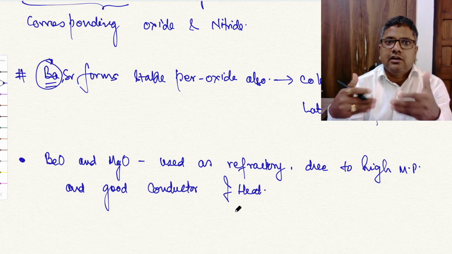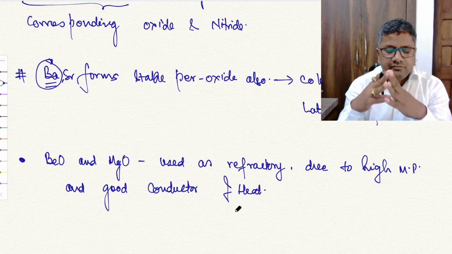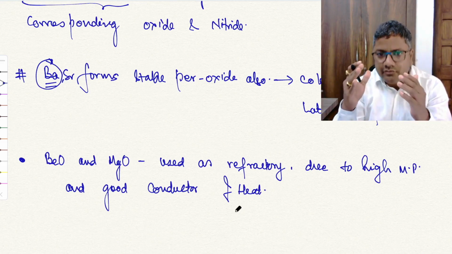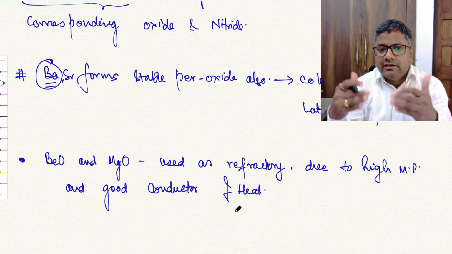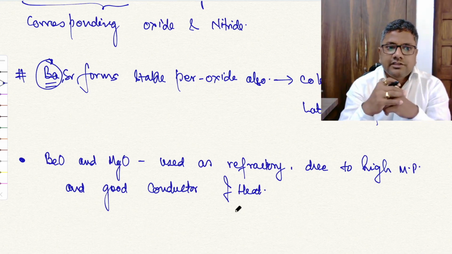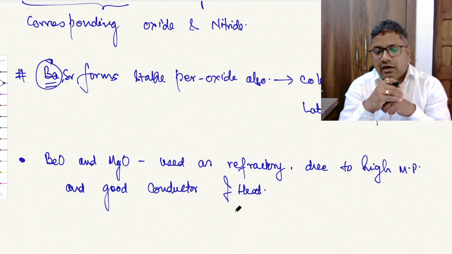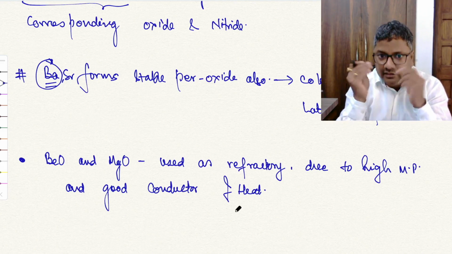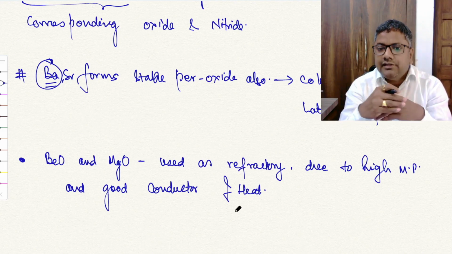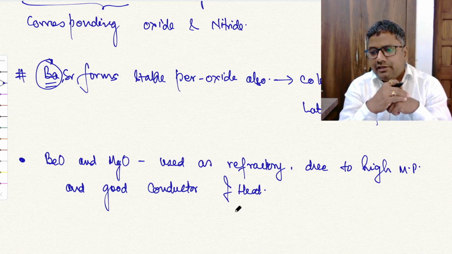Since they are good conductors of heat, we can use them for coating the inner lining of furnaces. We are using this beryllium oxide and magnesium oxide. This is a very, very important property, right? They are good conductors of heat, as well as having a very high melting point, right?